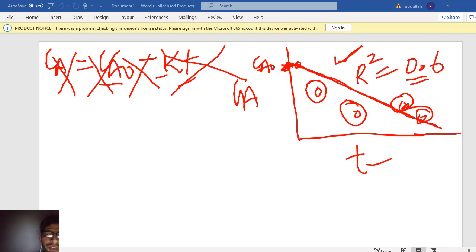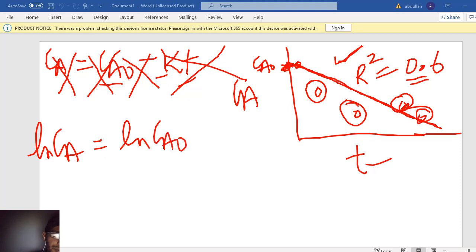So we will try another order, the first order. We will fit our data to the straight line form for first order reaction, which is ln CA = ln CA0 - kt.